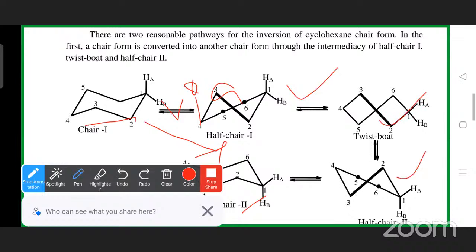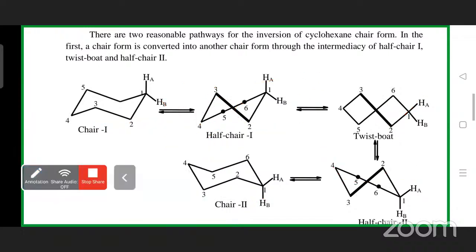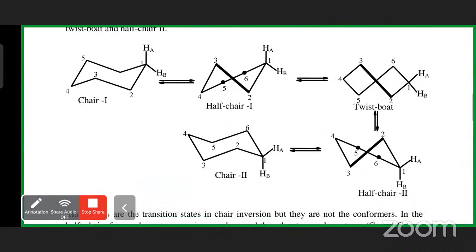So in between this conversion, you have to make these other conformations also.